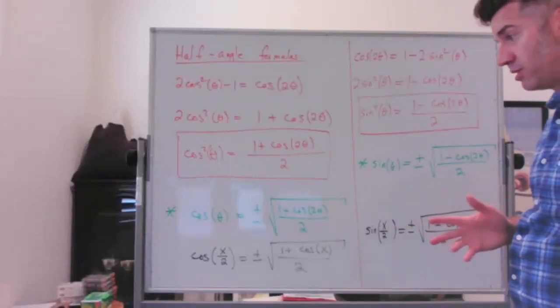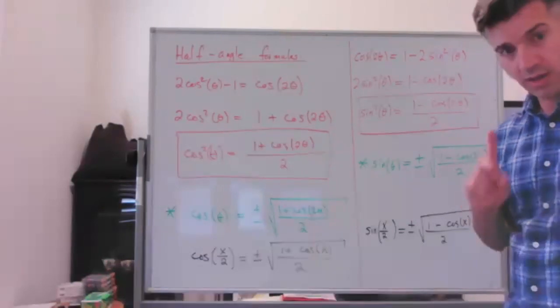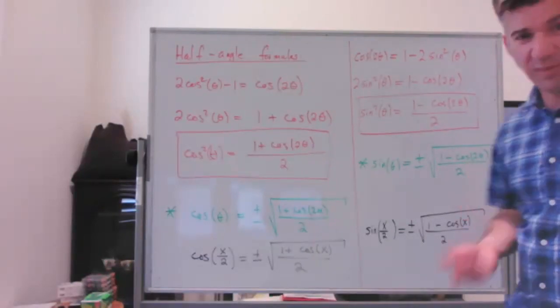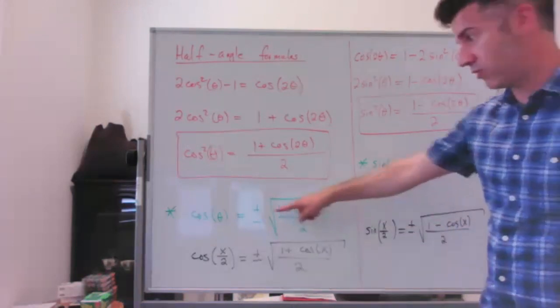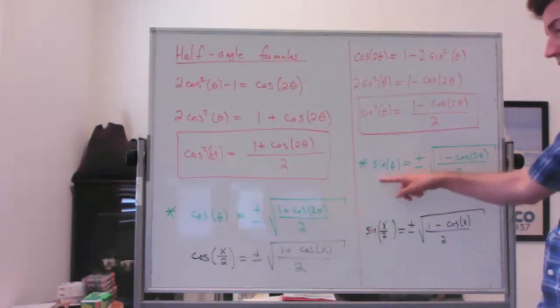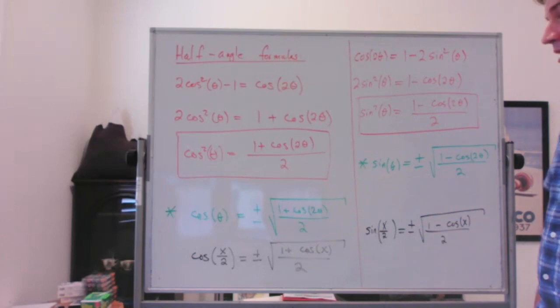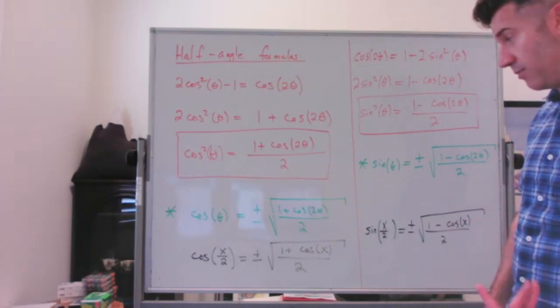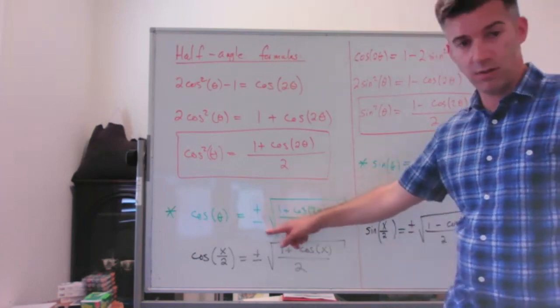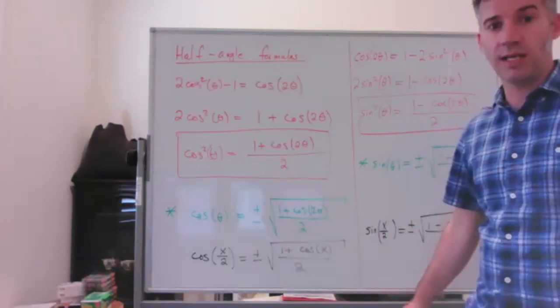I will point out two things. Thing one, the formulas are very similar. They're virtually the same, except it's a plus for cosine and a minus for sine. The other thing I'll point out, and we'll talk about this as we do some examples, is that there's a plus or minus here. It doesn't mean that cosine is really both positive and negative.